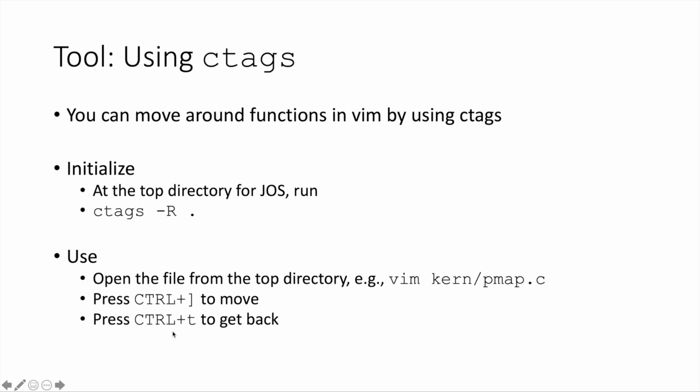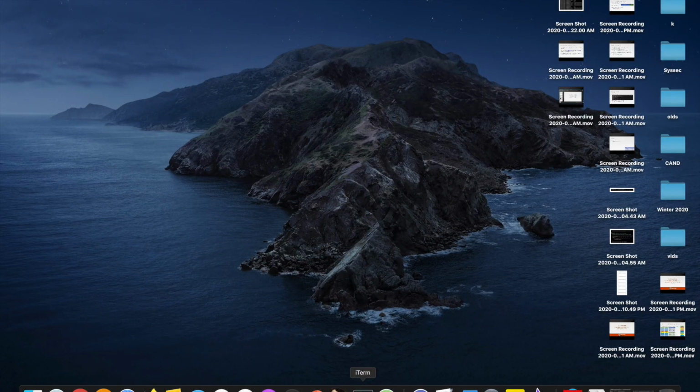Let me show you a demo starting in kern/pmap.c. Now, let's run ctags -R . first at the top directory of JOS.